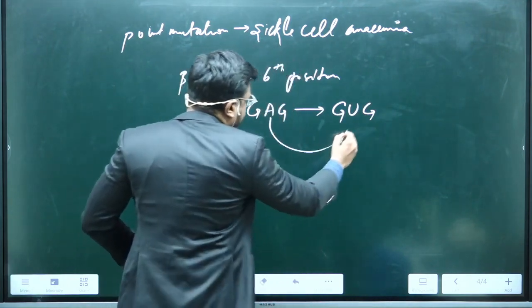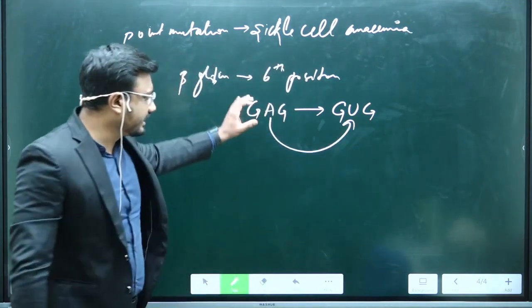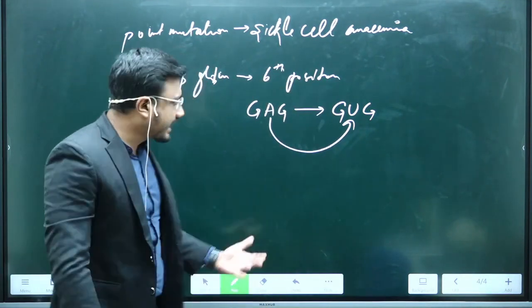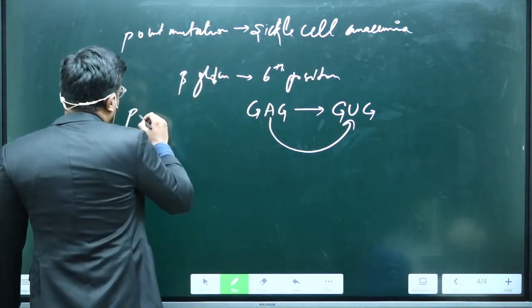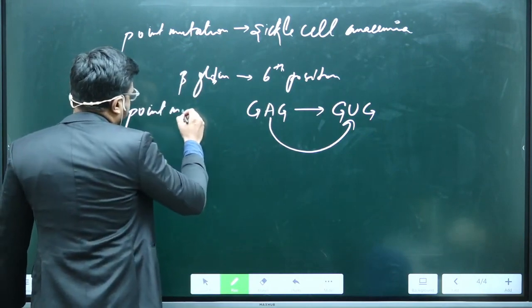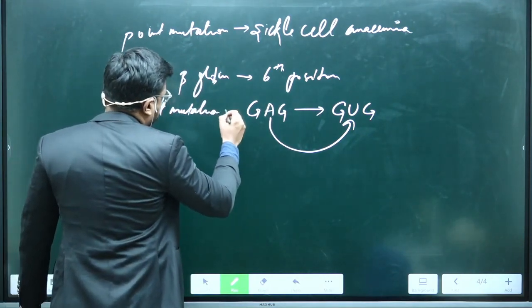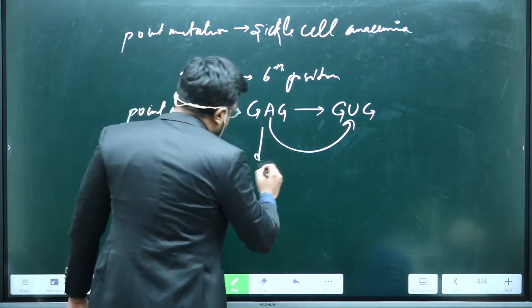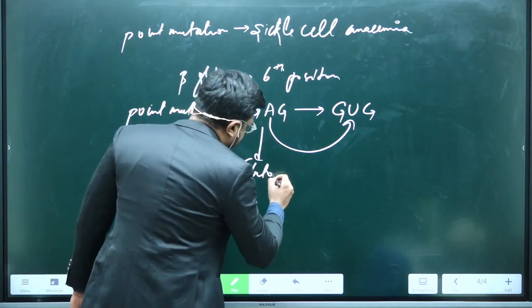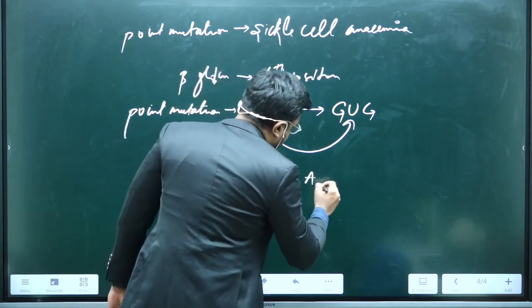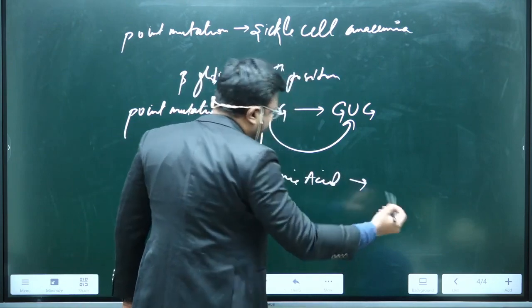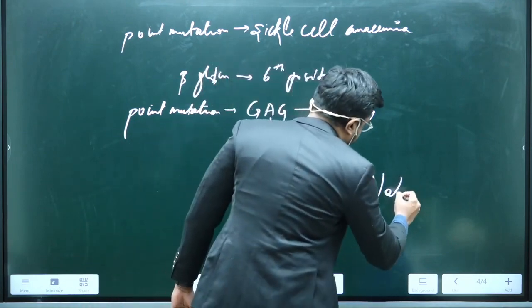So there is a point mutation here. The adenine, it is getting converted into uracil because of the point mutation. So this GAG that was coding for the glutamic acid, it is now getting converted into valine.